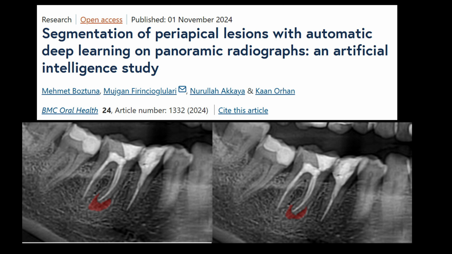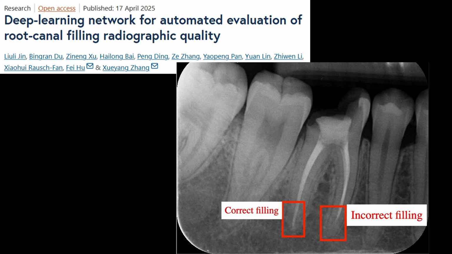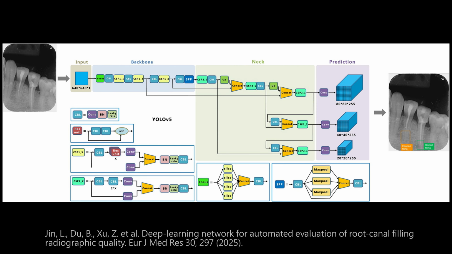You can recognize if there is an apical lesion here, or it can try to understand if your apical filling is correct or incorrect. It's a deep learning algorithm, maybe called UNet or an artificial neural network.